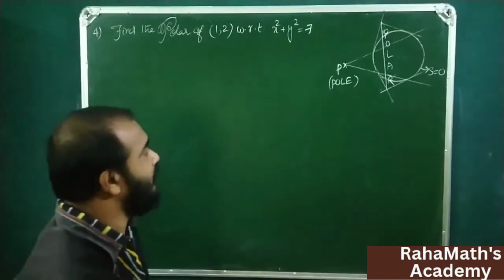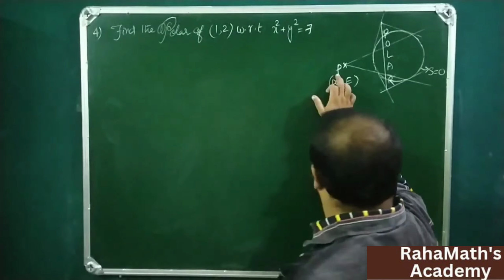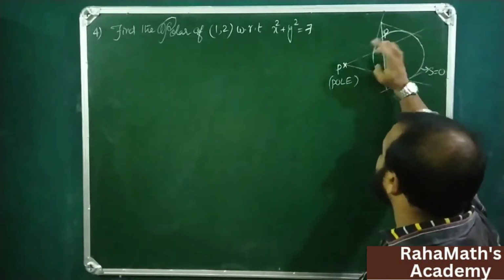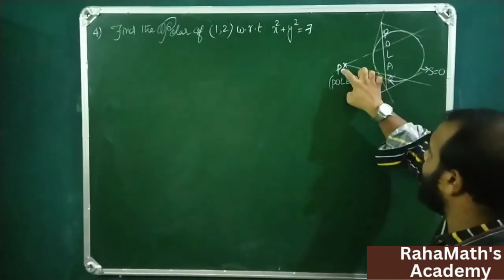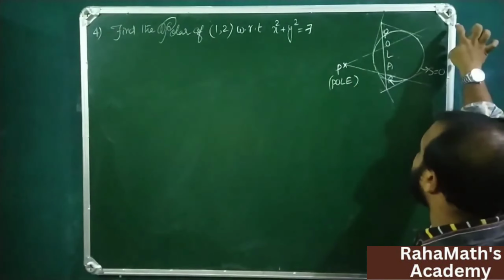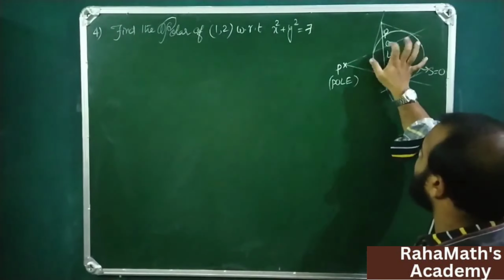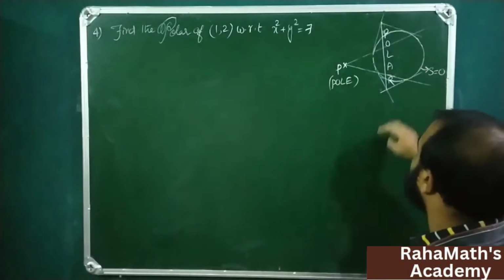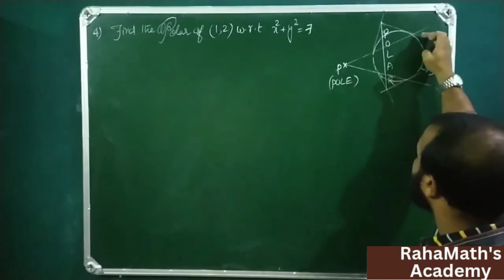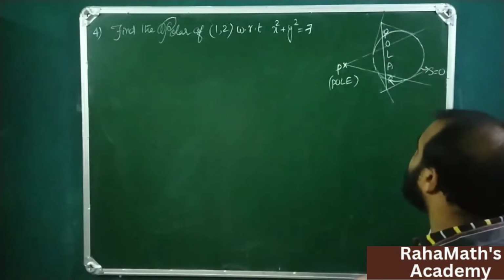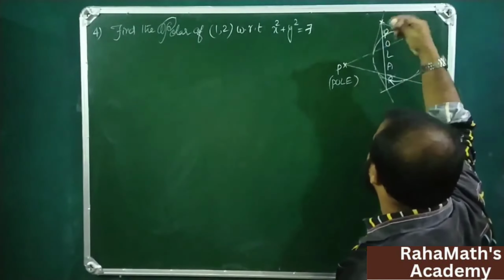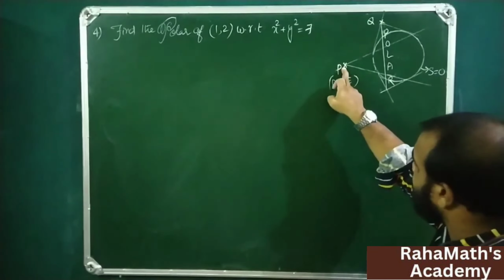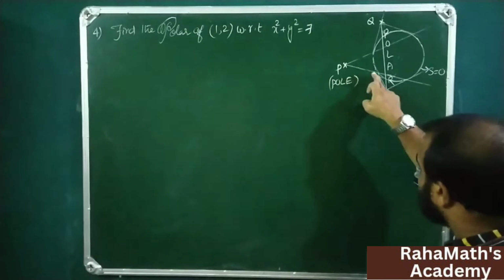Again, I'm telling you. The locus of the point of intersection of the tangents drawn at the extremities of the chord. So for example, from P, this is a secant line and this being a chord. From the extremities of this chord, I have drawn a tangent. From the other extremity of the same chord, I have drawn another tangent. Let us suppose that they are meeting at this point Q. In the same way, from this point, one secant line I have drawn.